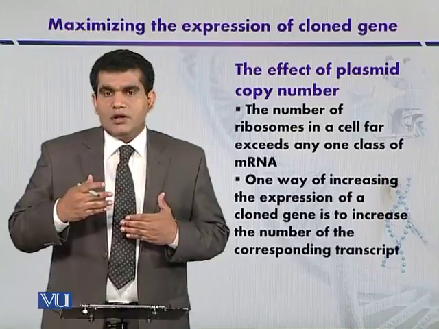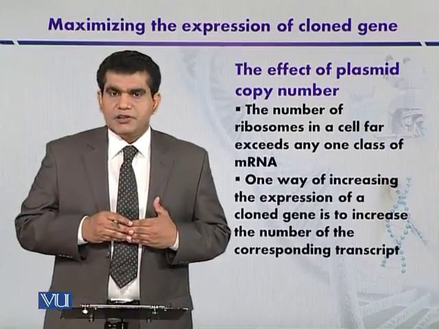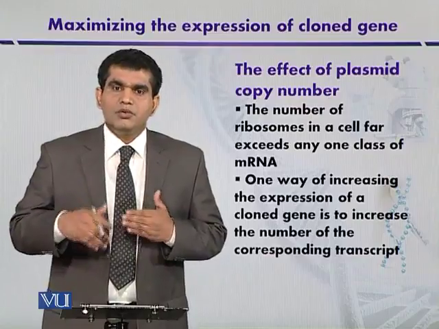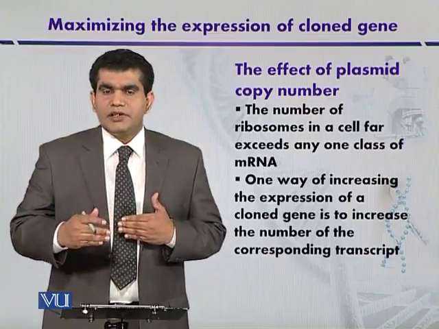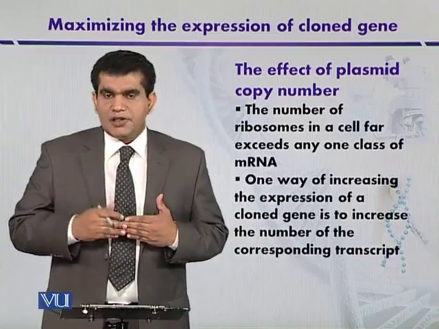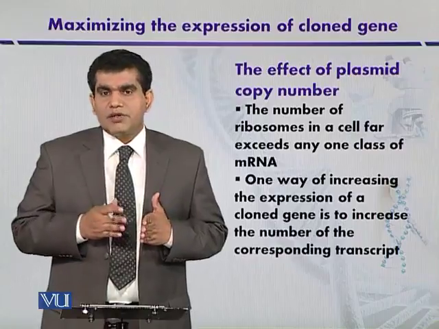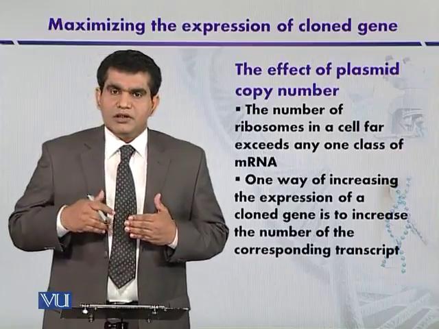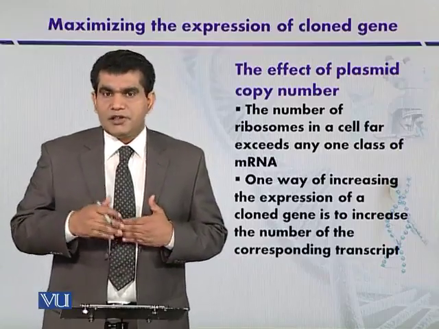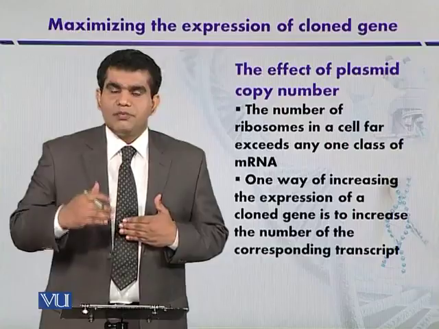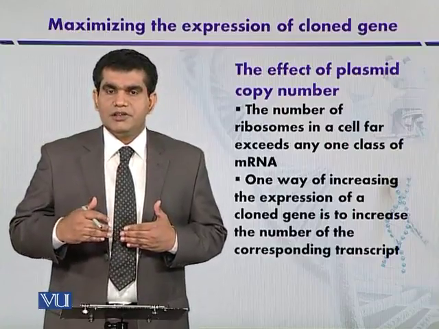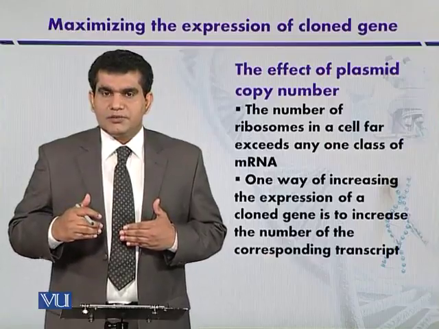Now different scientists have managed the copy number of the plasmids, like they have used two regions of replication that work at different temperatures. For example, one of the plasmids has a region of replication that is activated at 30 degrees Celsius, and after interacting with the partition region, it can maintain the copy number at a low level when growing at low temperature, that is around 30 degrees Celsius.